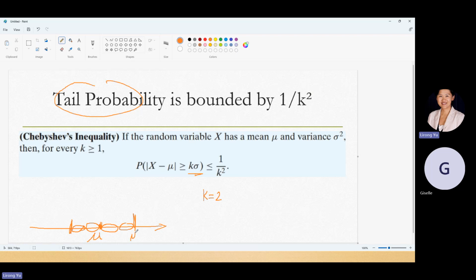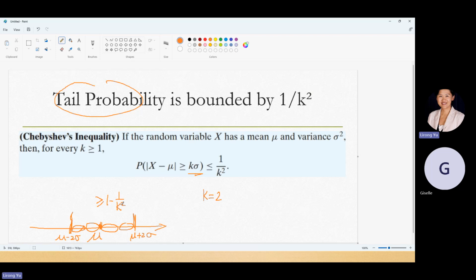So between mu plus 2 standard deviations and mu minus 2 standard deviations, between these two boundaries, what do you think about the central percentage? The central percentage is quite high, in the sense that it has to be bigger than 1 minus 1 over k squared.